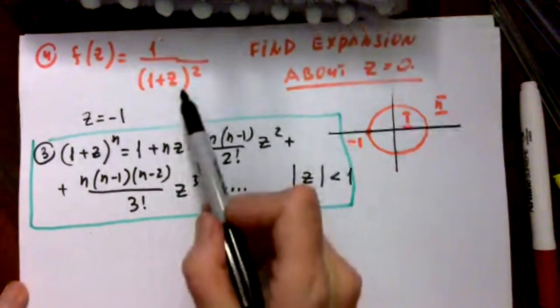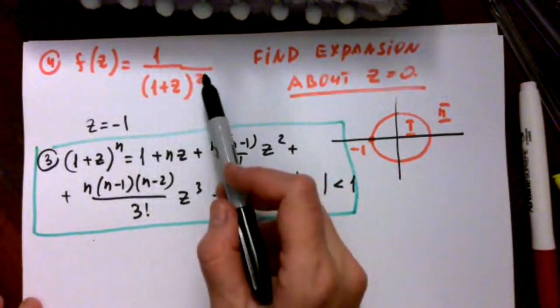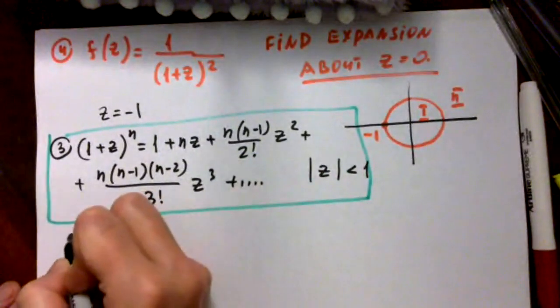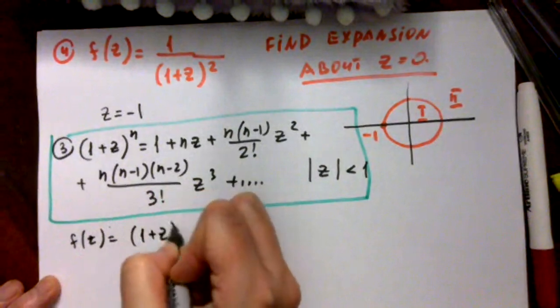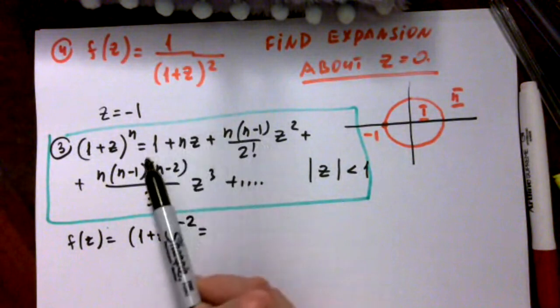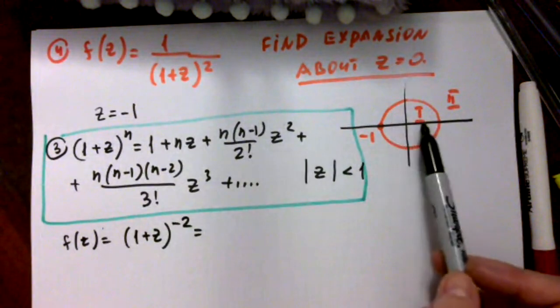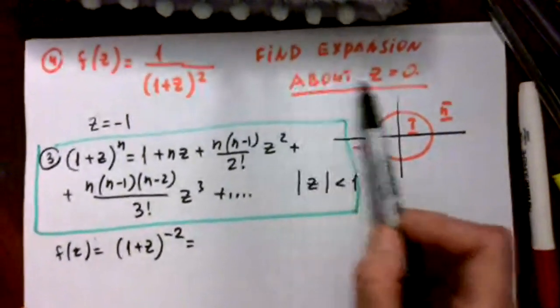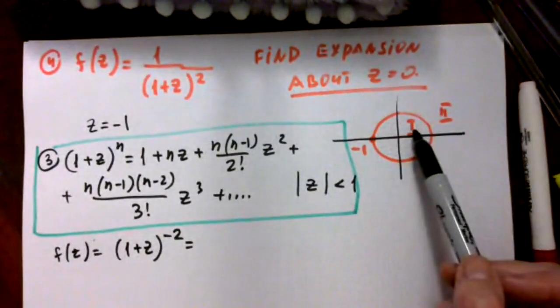Okay, so in our case, it's pretty obvious that our power n is minus 2. You can rewrite our function f of z as 1 plus z in the power of minus 2. So all we need to do is use this canonical expansion. And luckily, we are inside this circle. They told us quite explicitly that they are interested only in the area inside the circle.